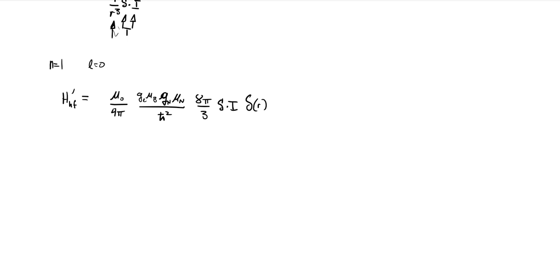So to figure out the first order energy correction, we're just going to look for the diagonal element of that perturbation Hamiltonian.